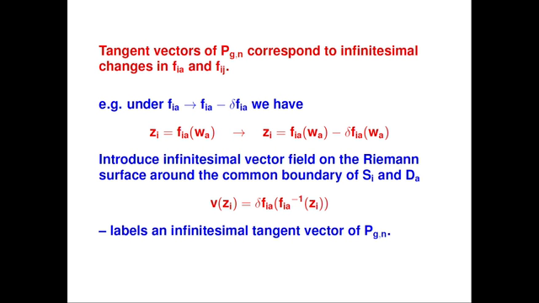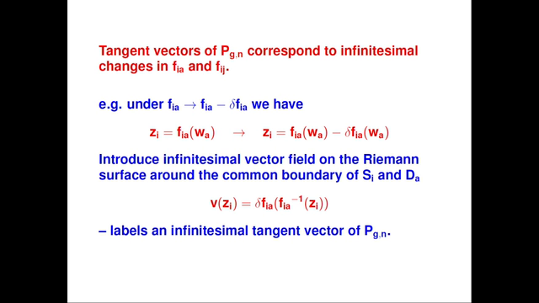And similarly, you can play a similar game around each such overlap circle. For each circle, you can consider a vector field around that circle, and that labels a possible tangent vector of PGN. But again, a lot of these tangent vectors are in fact 0, because they are induced by reparametrization of coordinates, and they do not move you in PGN at all.